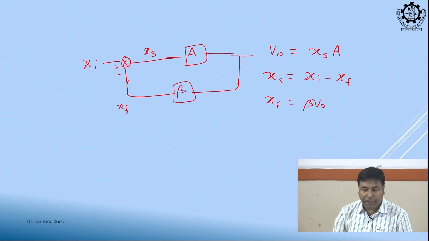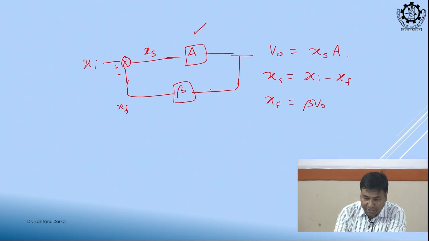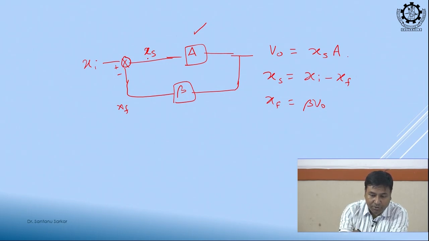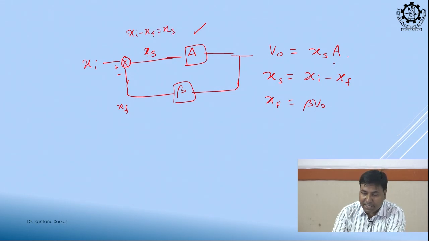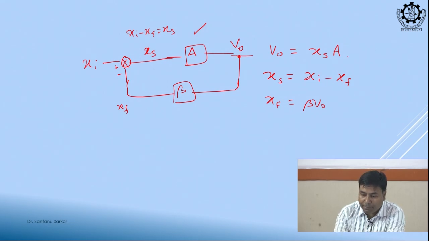Okay, let us do it again. This is my input, input is going to an amplifier, amplifier gain is A, and this output is going to a feedback element beta and getting subtracted from xi. So, xi minus xf is equal to xs, and if we multiply xs into A, that is our V0. And if we multiply V0 with beta, that is our xf.